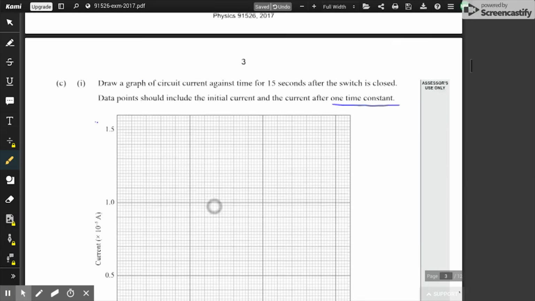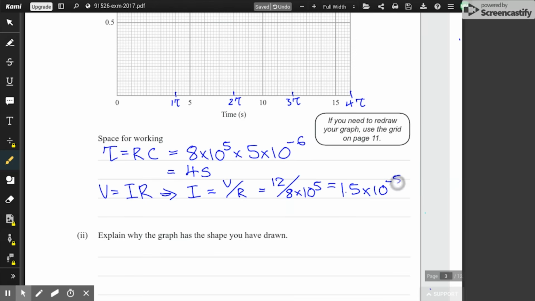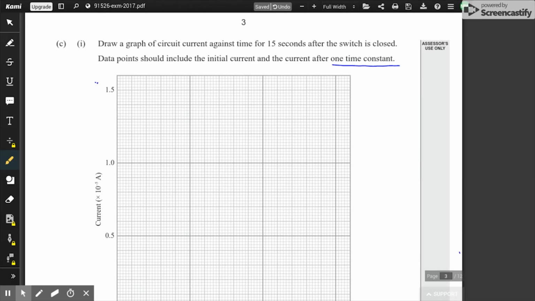So we need to first find our maximum current, which we can do using our simple Ohm's law, V equals I R, where we can rearrange that for I, which is V over R, where our voltage was 12 and our resistance was 8 times 10 to the 5, which gives us 1.5 times 10 to the minus 5 amps.